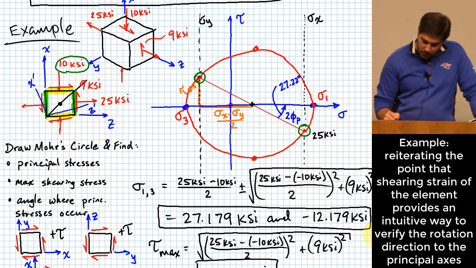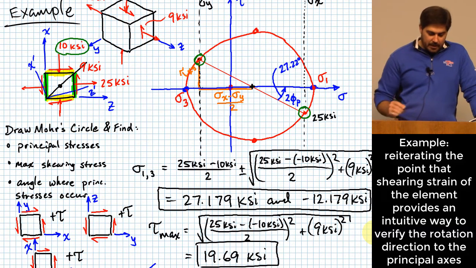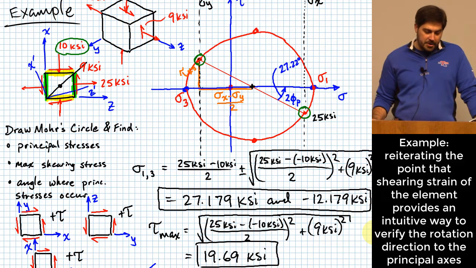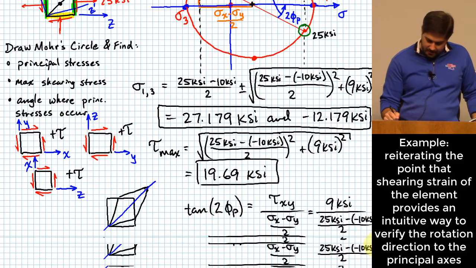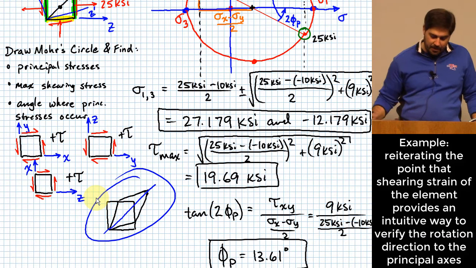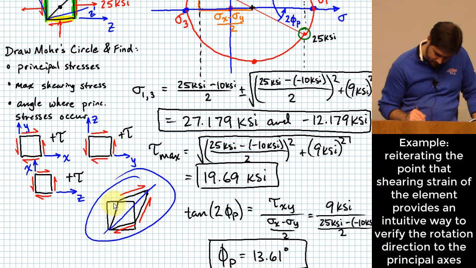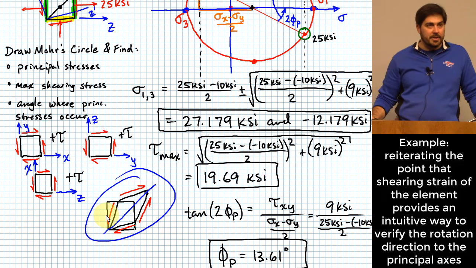So I'll actually say this one more time because I think this is a really good point that I hope everyone caught. If you look at shearing stresses, it's pretty easy to look at them and tell what direction they are likely to elongate the member, just by this little visualization tool that I did right down here. Stresses that act like this would have the effect of making an element turn into a diamond in that direction.